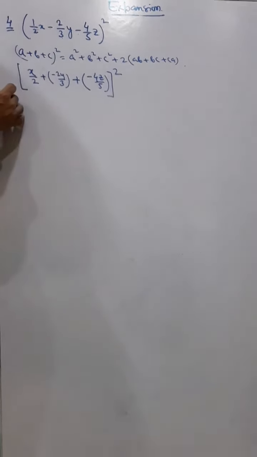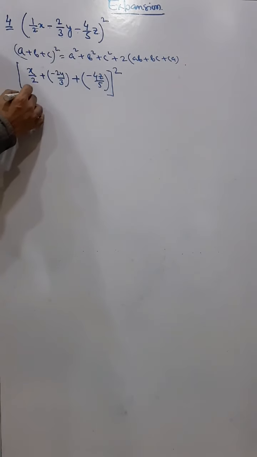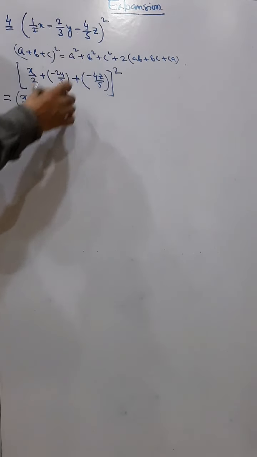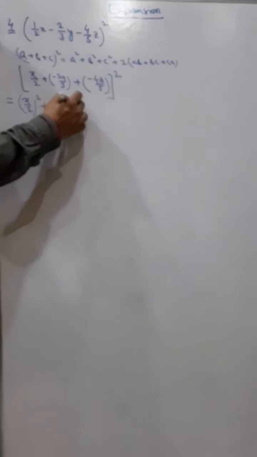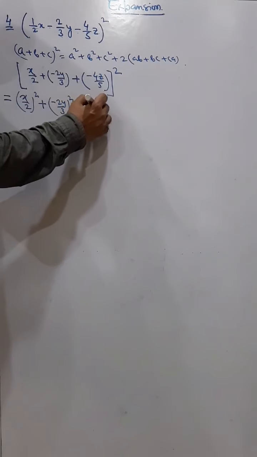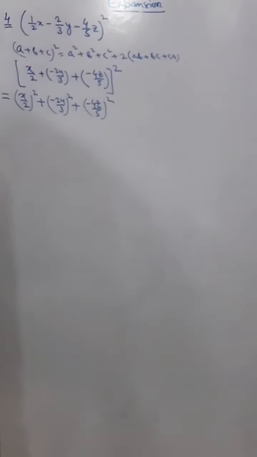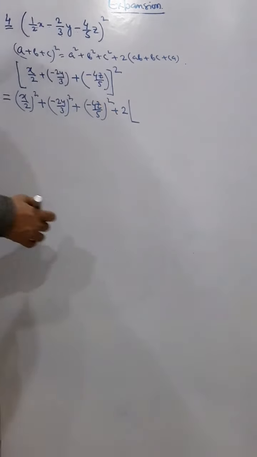Okay, so the formula is what? A square. So a square means this, and then plus b square. Now b square means (minus 2y by 3) whole square. Then c square, that is (minus 4z by 5) whole square, and then plus 2, then bracket, then ab.